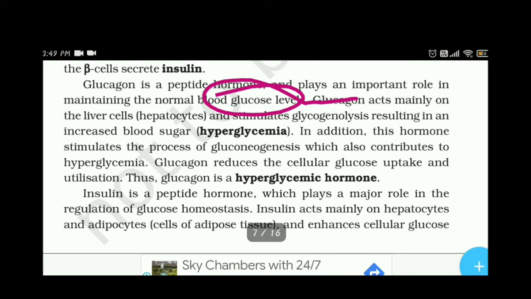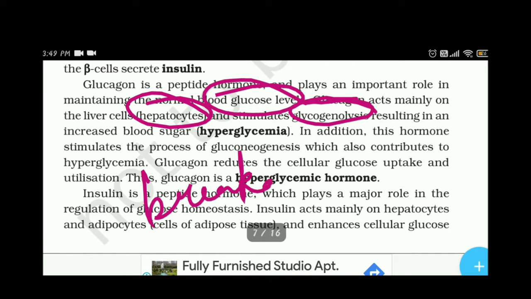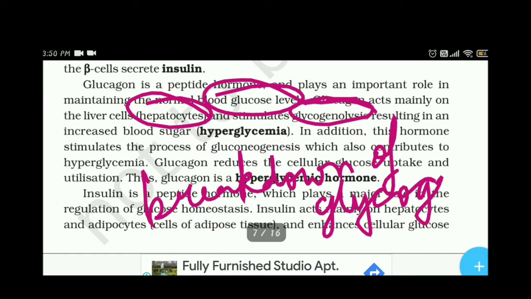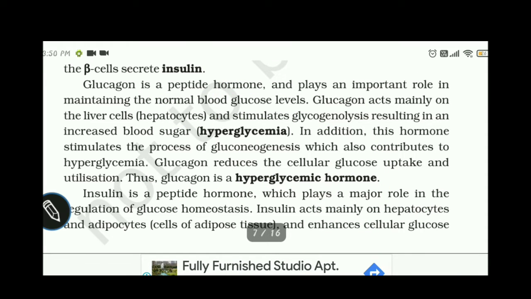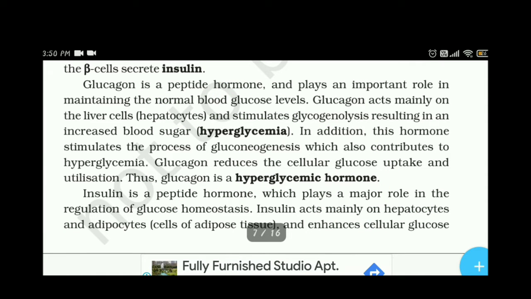Glucagon acts mainly on hepatocytes, which are our liver cells, and it stimulates glycogenolysis, the breakdown of glycogen. This leads to hyperglycemia, which means the glucose level increases in our body.